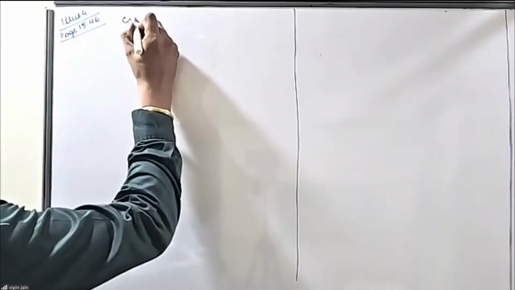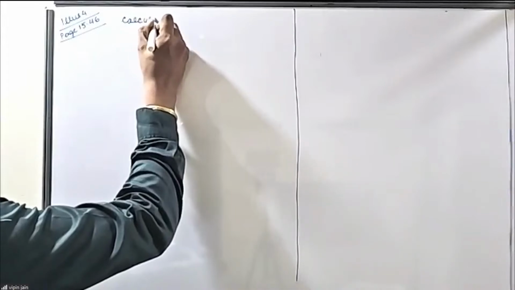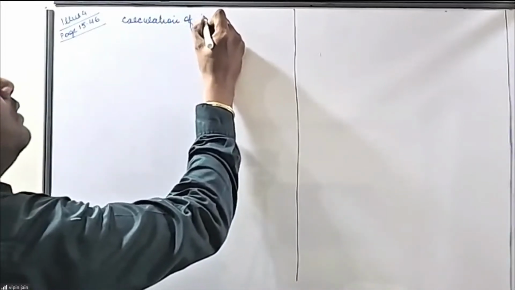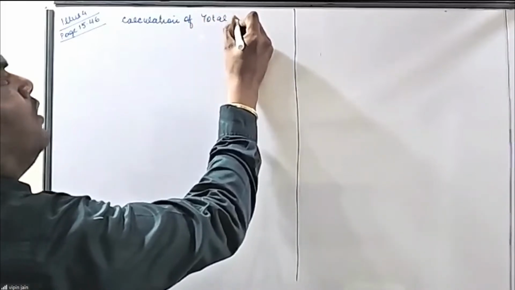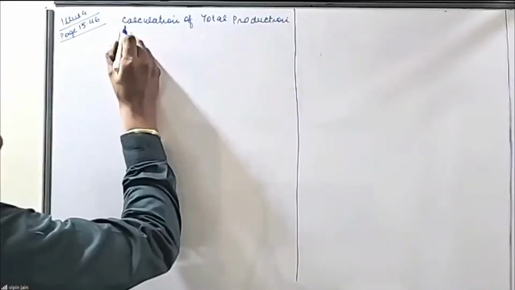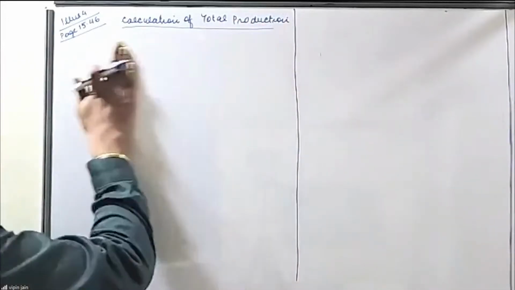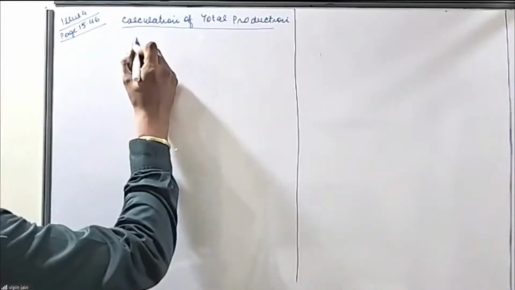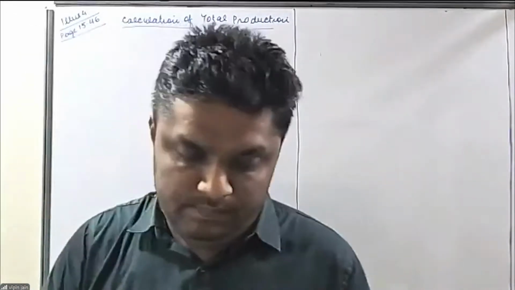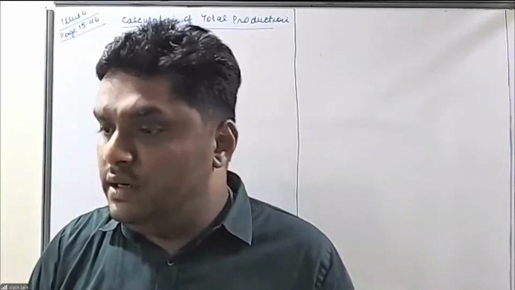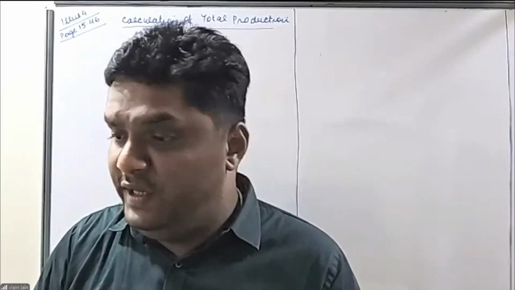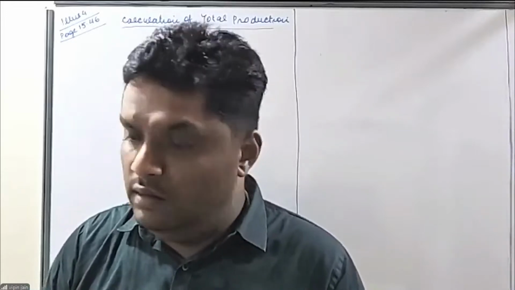We'll first calculate the annual production, or total production, wherein we have the total sales, that is 30,000 plus 37,500 plus 41,250 plus 45,000.